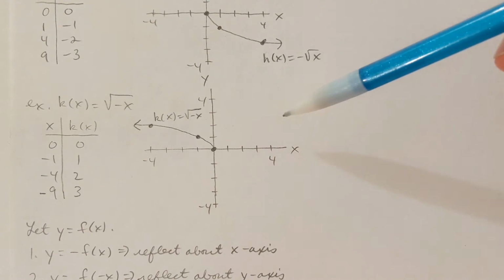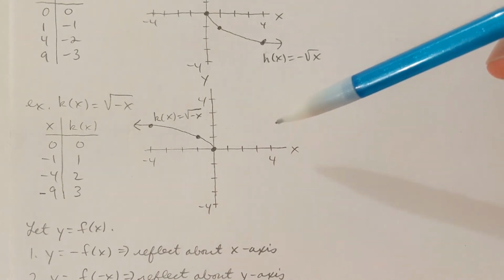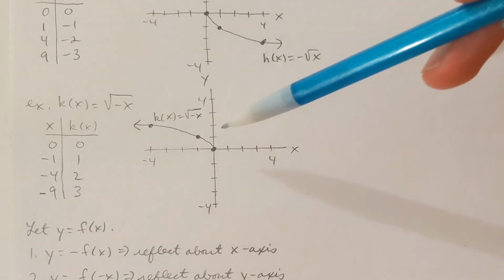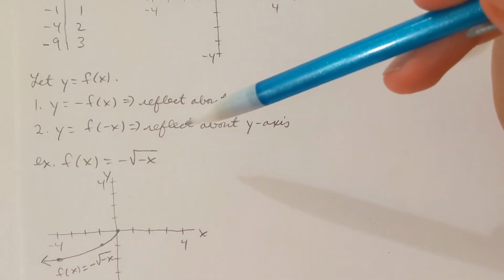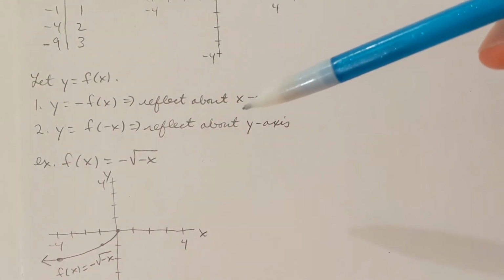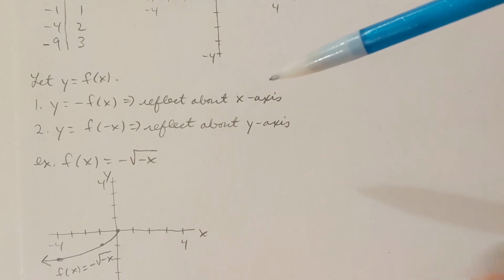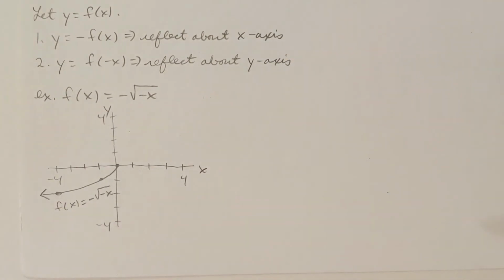Okay, in other words, my original graph is right here in quadrant 1. I'd have to reflect that into quadrant 2 with that x being replaced by a -x. Here's another one. y equals negative the square root of -x.